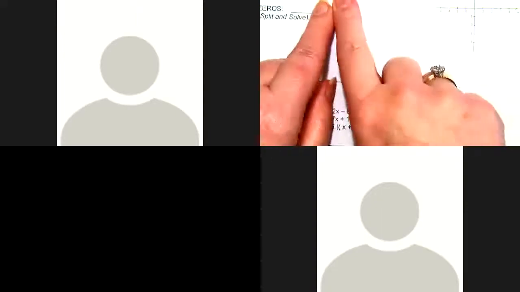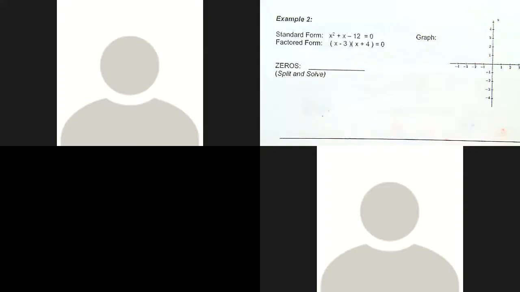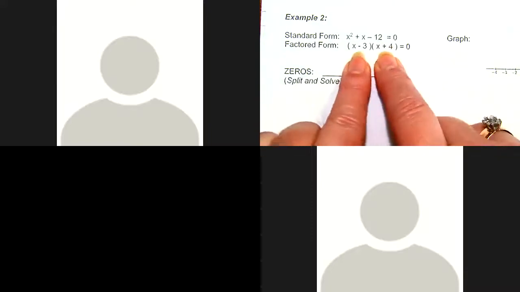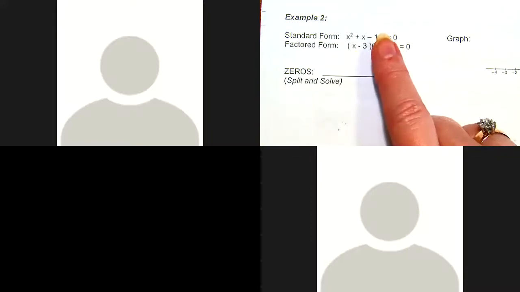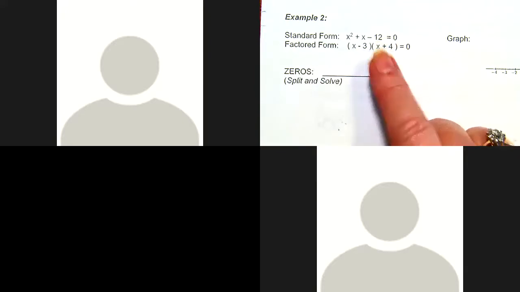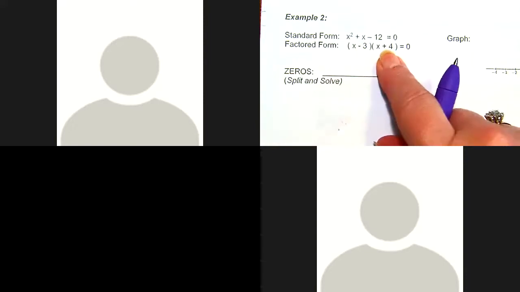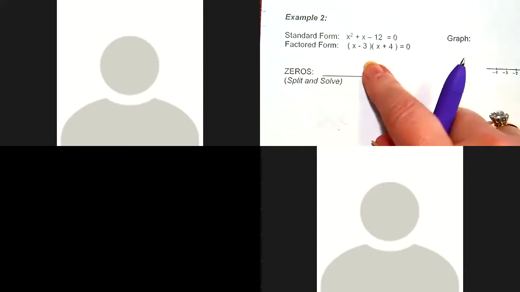So here's the first example. And now I've said that the opposite trick works most of the time. It works a lot. So we're going to work through when does it work and when does it not work.